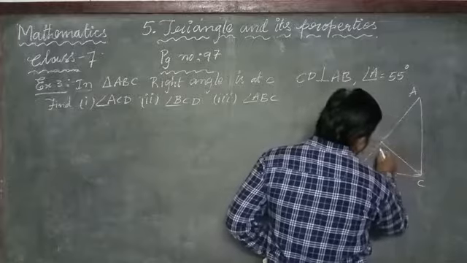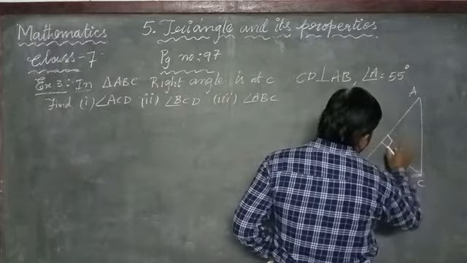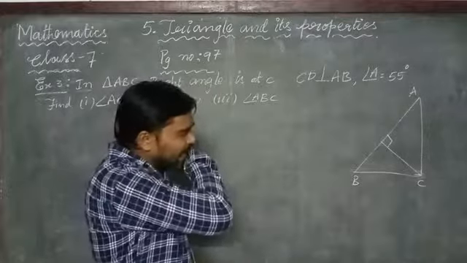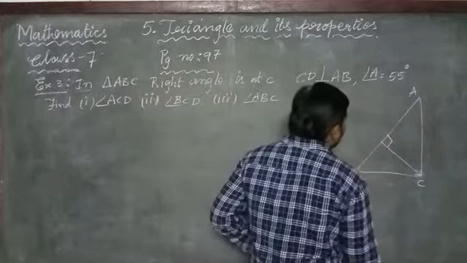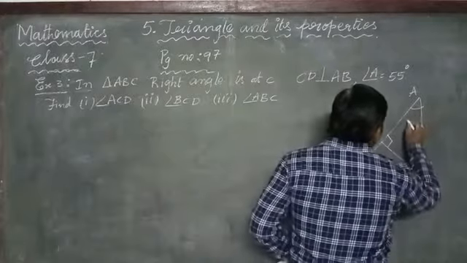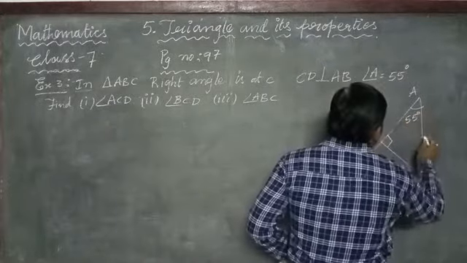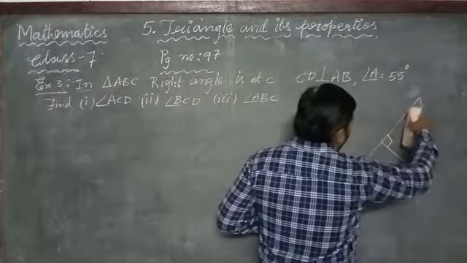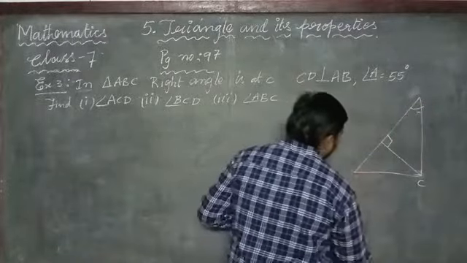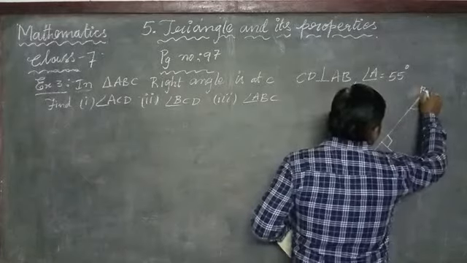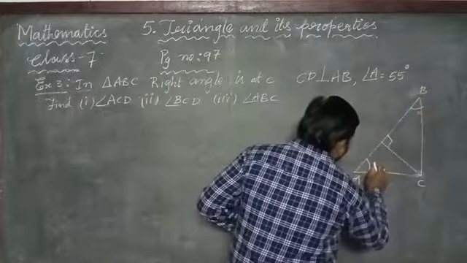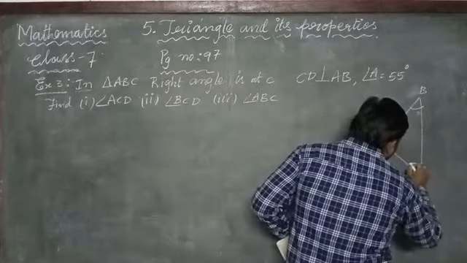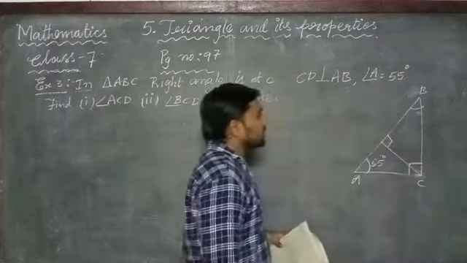Here it is the line segment they had given. It is exactly perpendicular to the line segment AB. Okay, this is the triangle they had given. Here A equals to 55 degrees. Here C is making 90 degrees.